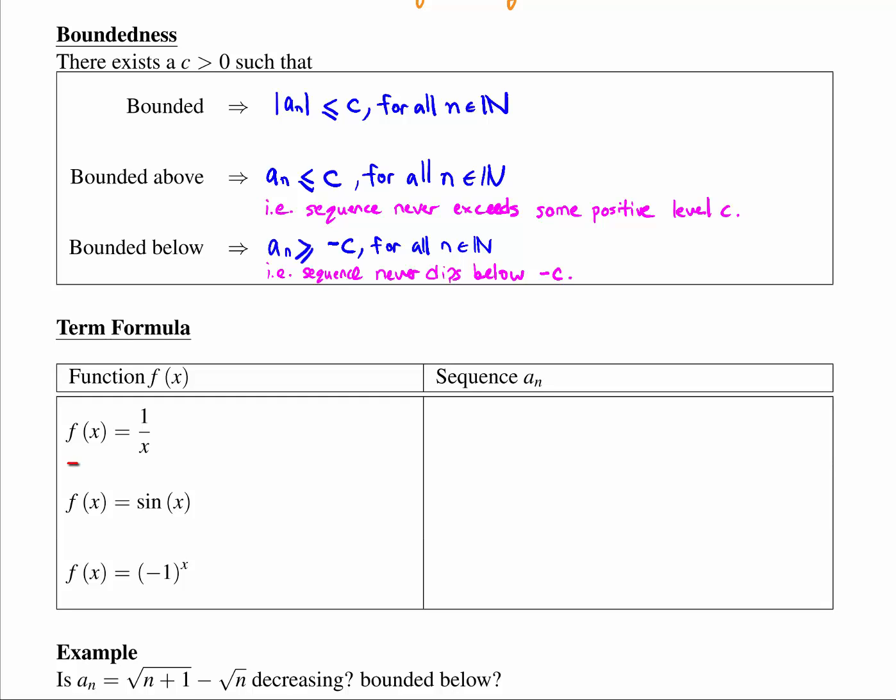So for example, we have the function f of x is equal to 1 over x. For a sequence, we'd have a similar definition, a of n is equal to 1 over n. We could have a function, f of x is equal to sine x, but we could also have a similar sequence, a of n is equal to sine n.